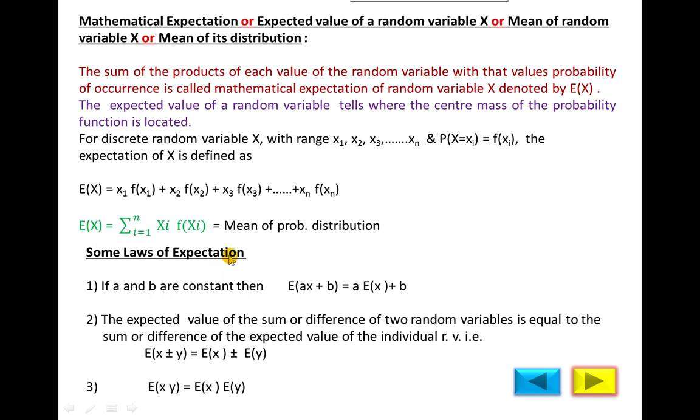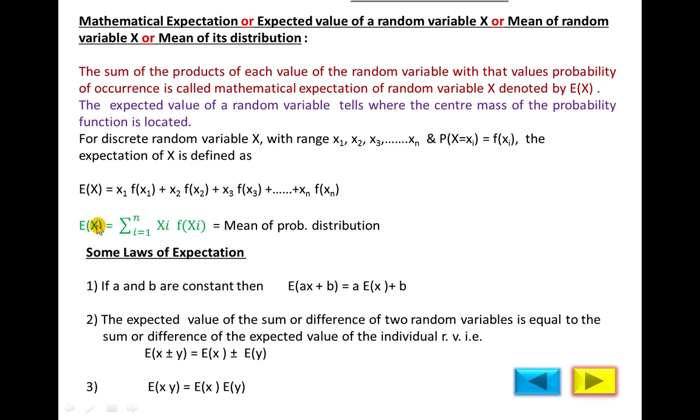Now some laws of expectation. If a and b are constants, then the expected value of a times x plus b is equal to a times E(x) plus b, the mean value multiplied by the constant plus the constant, both will be equal. If this value is x, the probability will be the same.